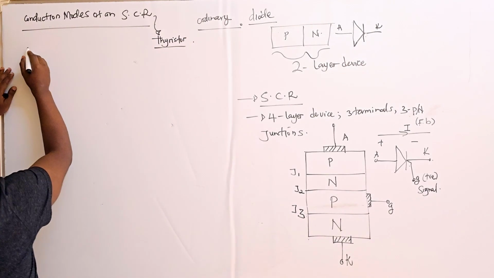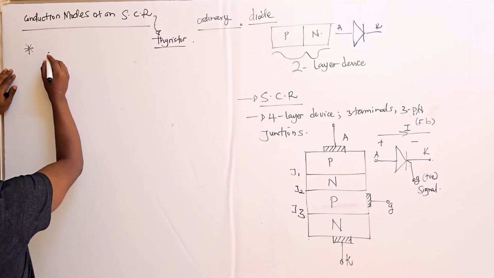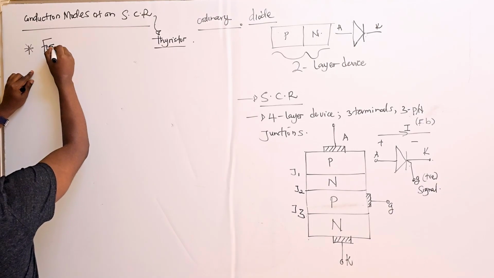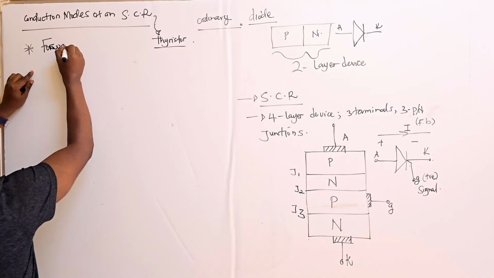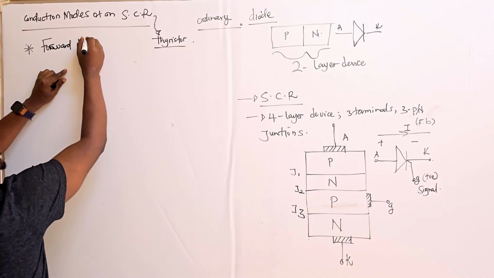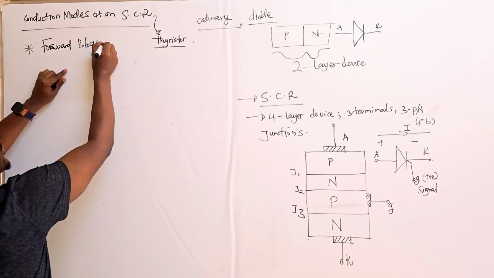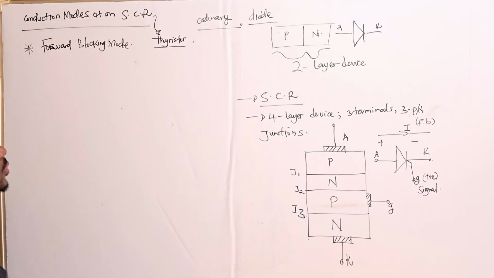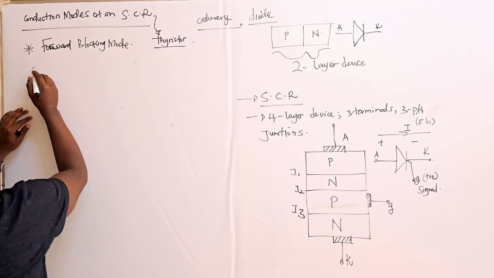So the first conduction mode is what we call the forward blocking mode.